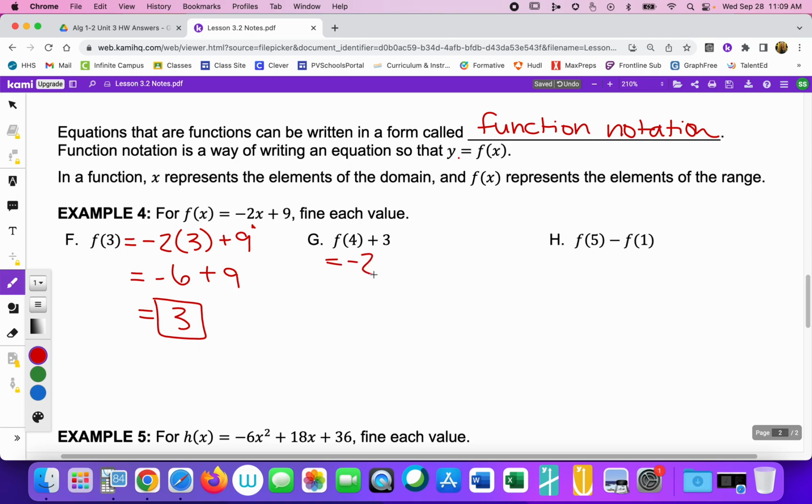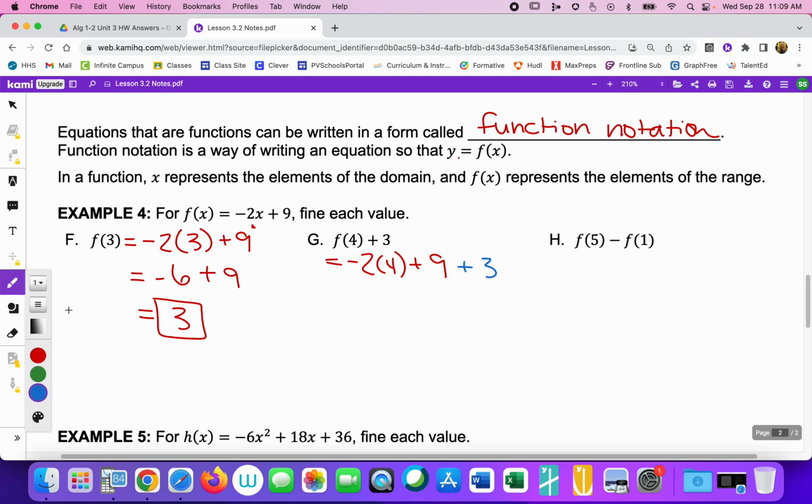It would be a negative 2 times 4, because that's my x value going in, plus 9. I'm going to switch colors here. This 3 just gets tacked on the end. So you're plugging in 4 where x is, and then whatever that comes out to, you're adding 3 to it.